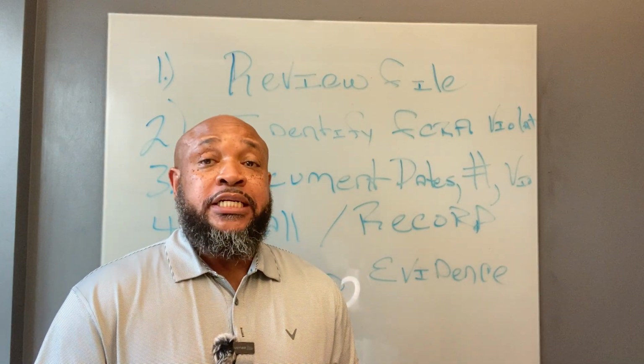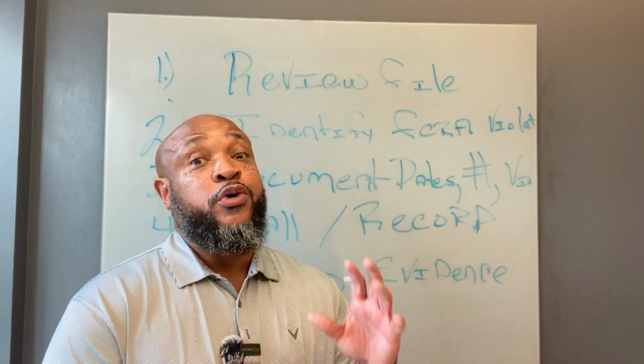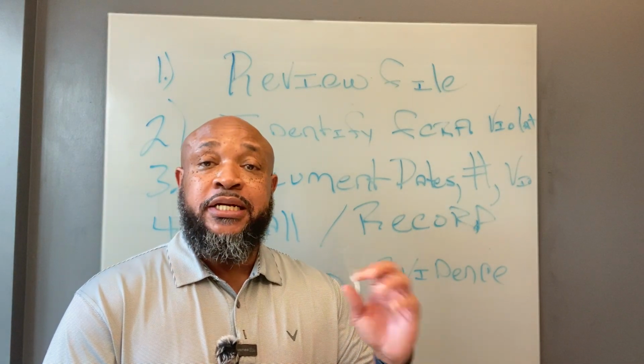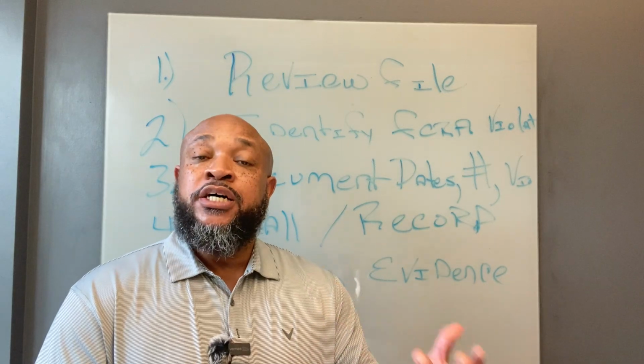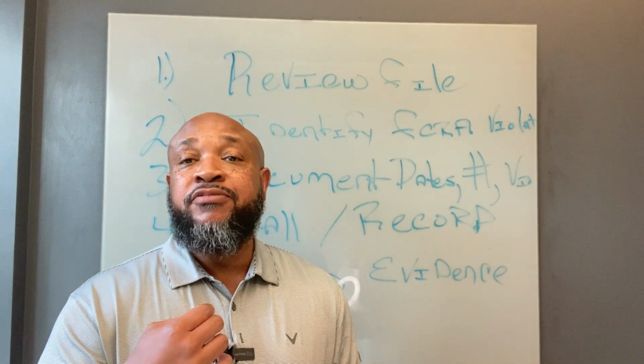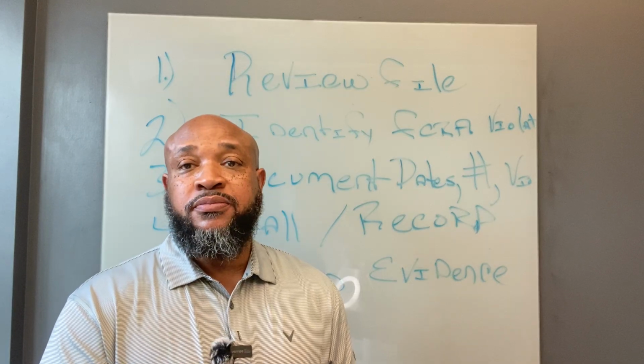If you already submitted that information in your first round of disputes, as I've described in previous videos, you will now understand that is a stall tactic. They never investigated your dispute.